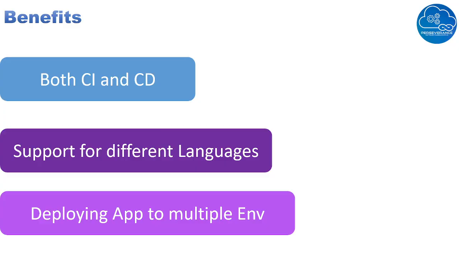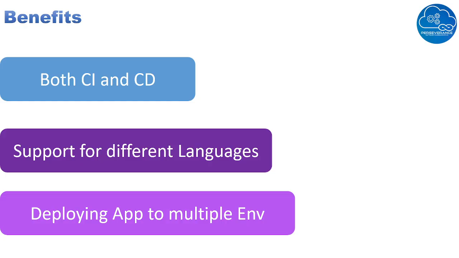Now, talking about the benefits of Azure Pipelines. We'll not have to worry about installation or configuration as such for working with Azure Pipelines, because it is readily available on the ADO console, which is the Azure DevOps portal.